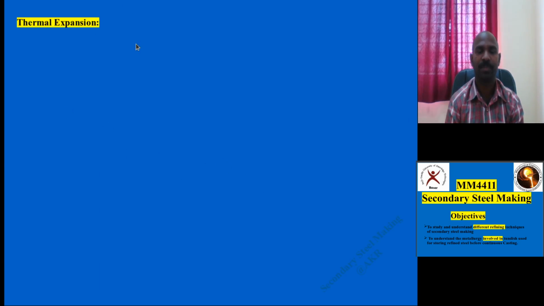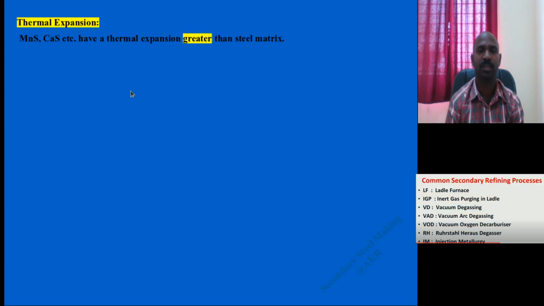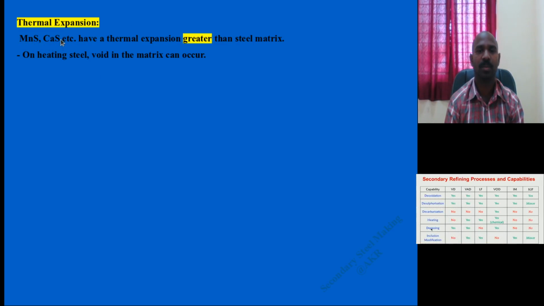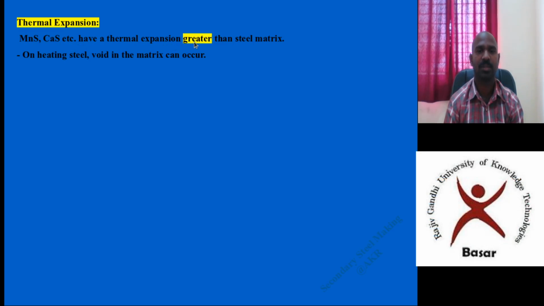Now let me talk about a few more properties, such as thermal expansion. Sulfide inclusions, such as calcium sulfide, which is a solid form, and manganese sulfide, which is a ductile phase, have higher thermal expansion compared with the steel matrix.